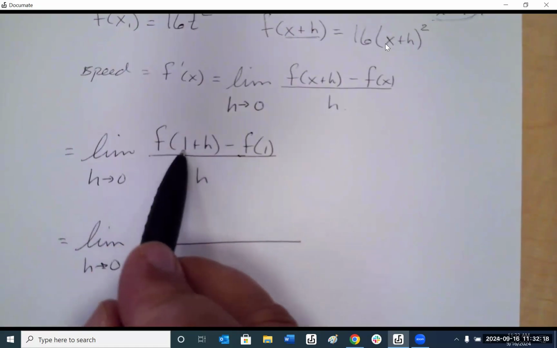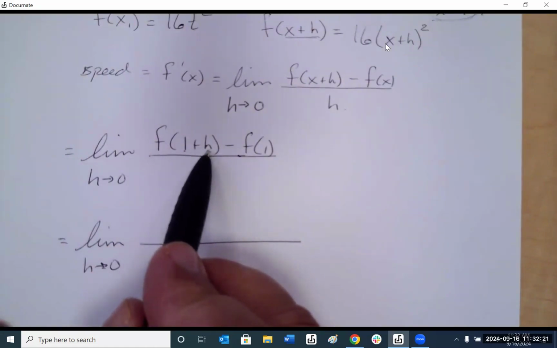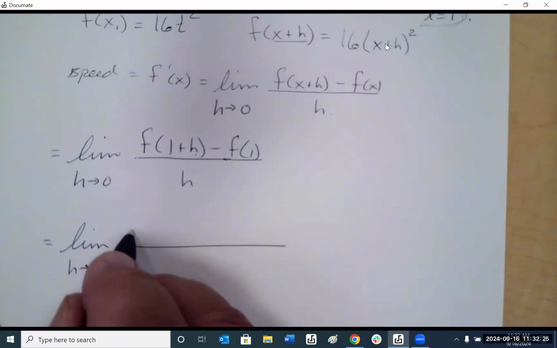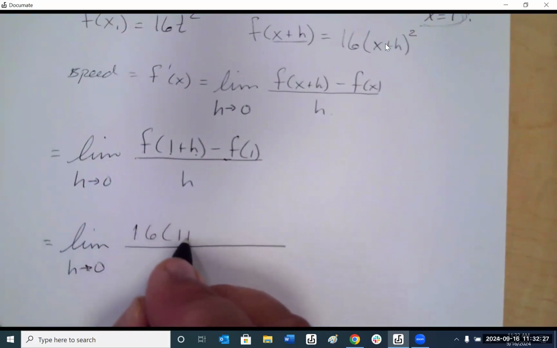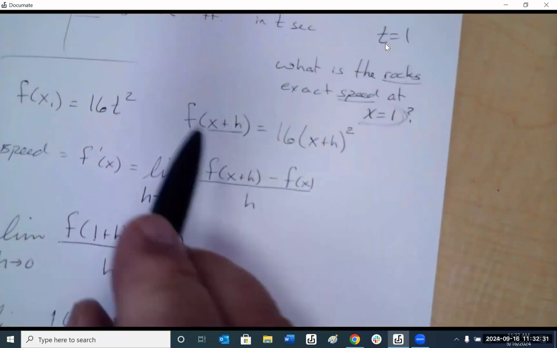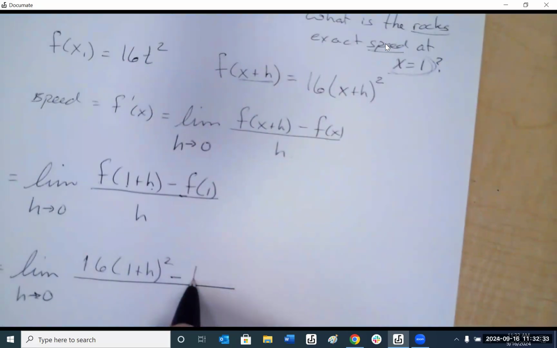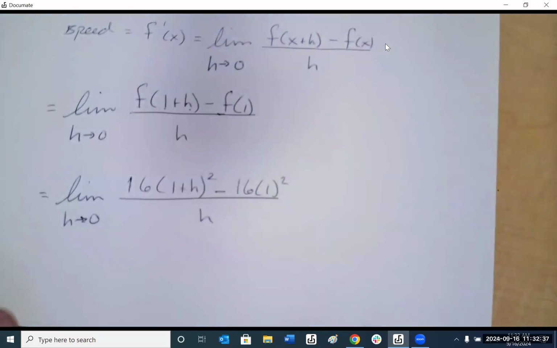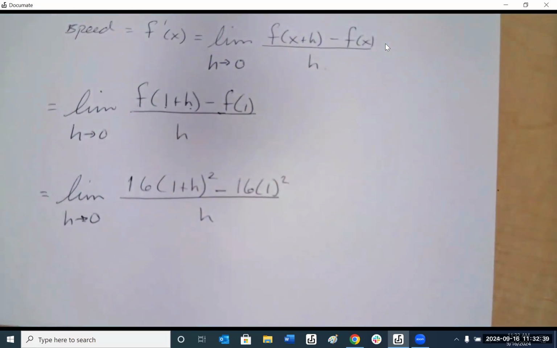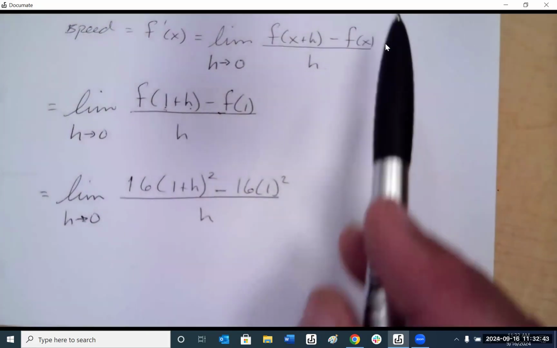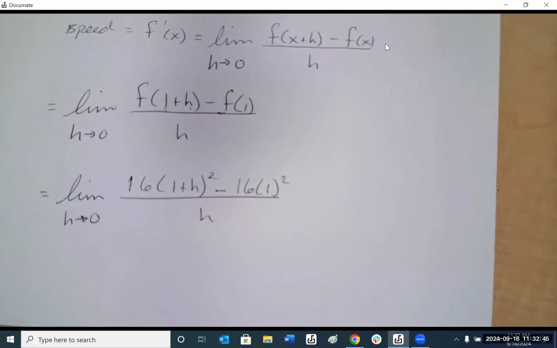What is f of 1 plus h? Well, here's f of x plus h, so we use this formula. 16 times 1 plus h squared minus 16 times 1 squared over h. This is where we plug in our functions. This is the x plus h, which was 16 times x plus h squared.